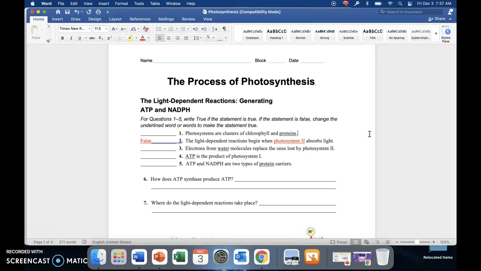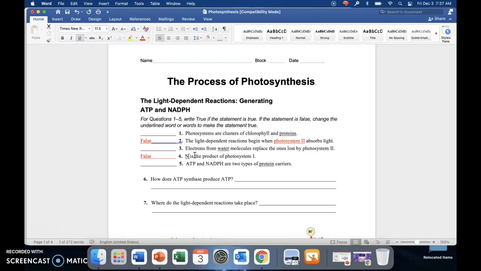ATP is the product of photosystem 1. No, ATP is not. That is false. ATP is the product of chemiosmosis. So again, we have a false statement here. It is not ATP that gets produced during photosystem 1.